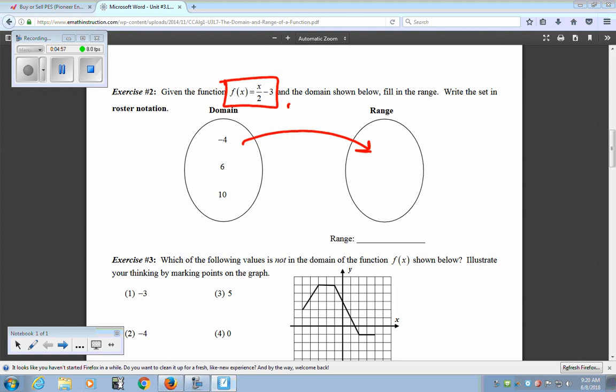In this case, it'd be -4 divided by 2 minus 3. You can put that in the calculator, and for my answer for this one, I'm going to get negative 5. So that's the range value, and I put that in that circle that they have, and that will be included in my answer at the bottom. That'll be the first one. Now you can do 6 and 10, do those ones on your own.